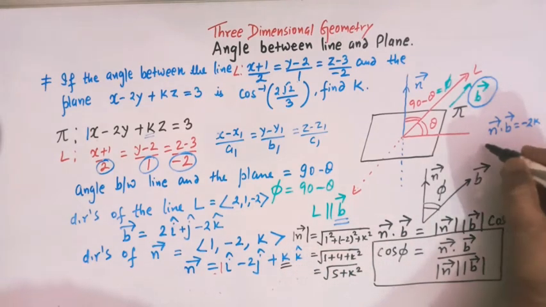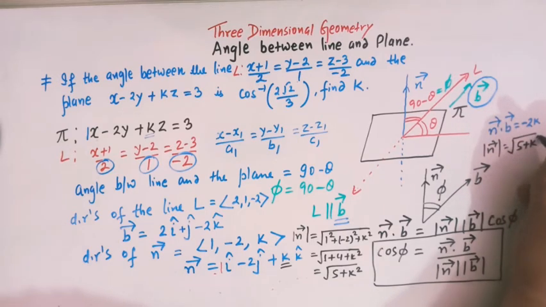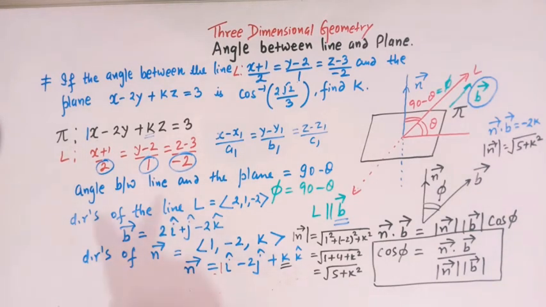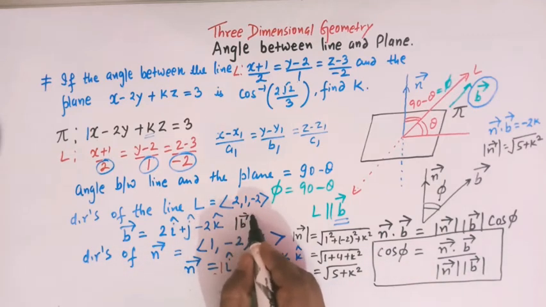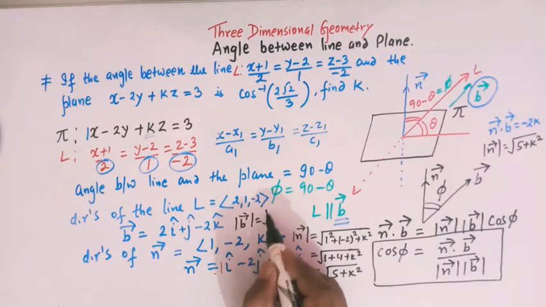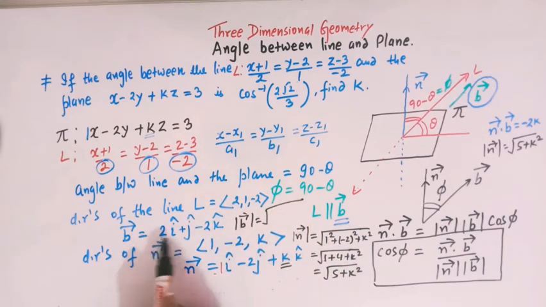So the magnitude of vector n is the square root of 5 plus k square. Okay, now let us find the magnitude of vector b. The magnitude of vector b is the square root of, see here we have 2, 1 and minus 2.